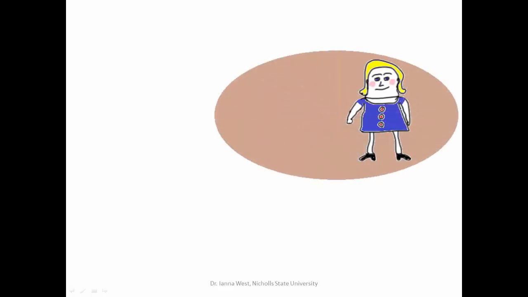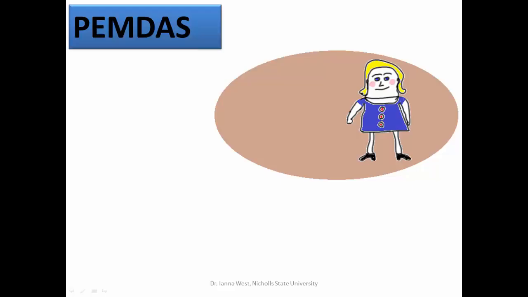In order to describe the order of operations, I would like for you to meet my dear Aunt Sally. The first letters of the phrase, "Please excuse my dear Aunt Sally," is the acronym we will use to help us remember the order of operations.